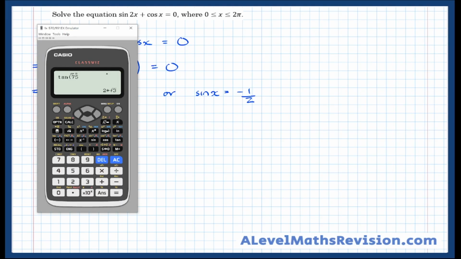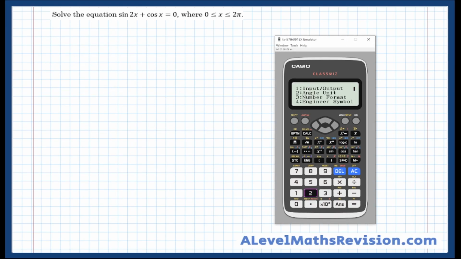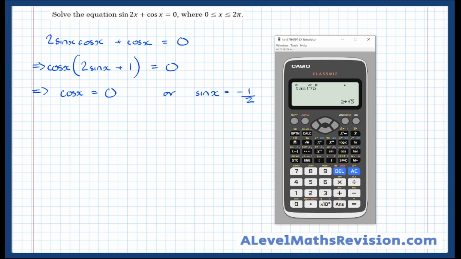Okay, so the inverse cos of 0, and I need to make sure I put it in radians mode. Inverse cos of 0 is 1/2 pi.